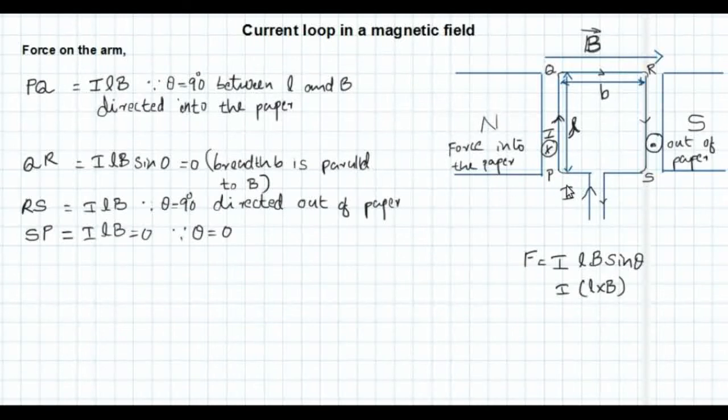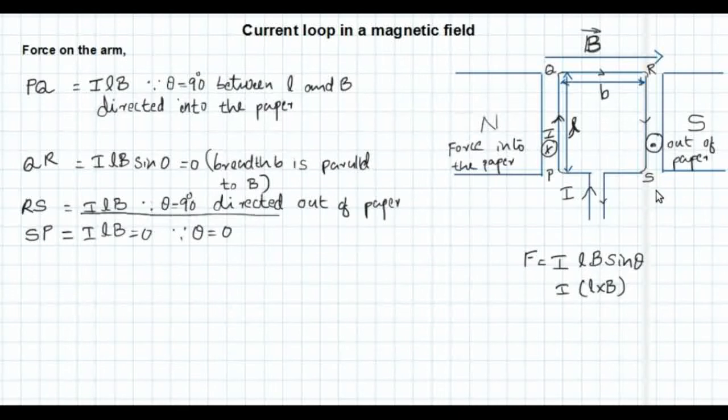Now that means there is no force on the arms QR and PS. There is force only on the arms PQ and RS, and the forces on the two arms will be equal. Both are ILB. Here it is ILB, here also it is ILB. But the directions are opposite. On the arm PQ, ILB is acting into the paper, and on the arm RS, it is acting out of the paper.